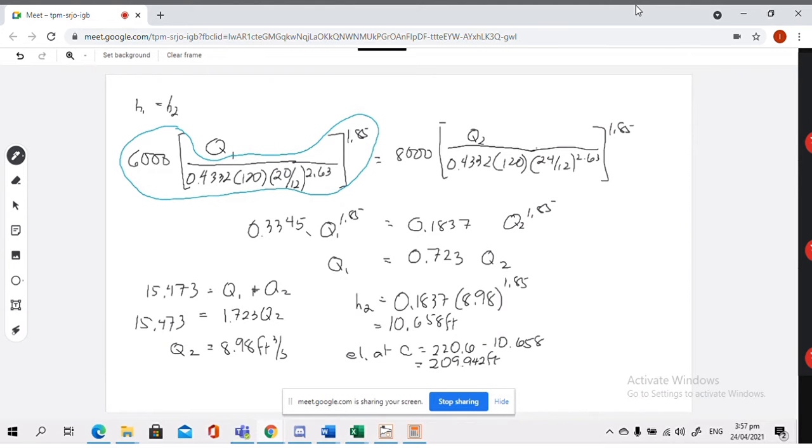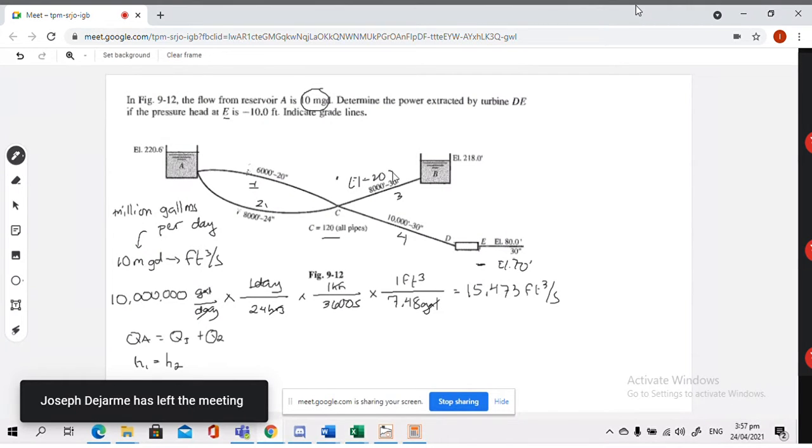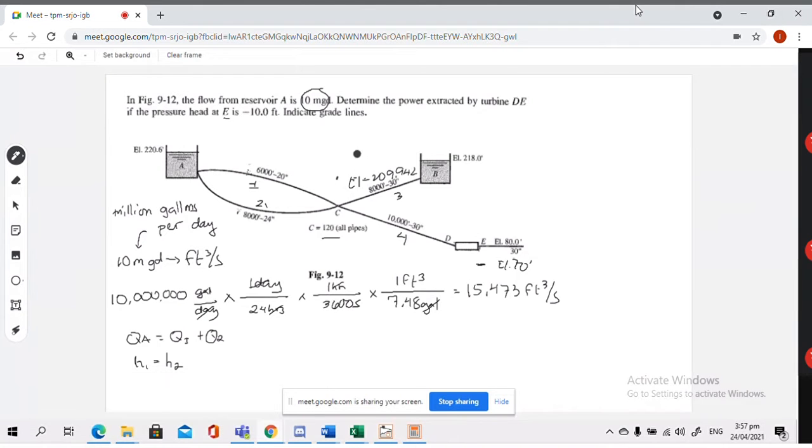Okay, so this is somewhere here. Elevation is 209.942. Now question, where is the direction of the flow? The form is like this.